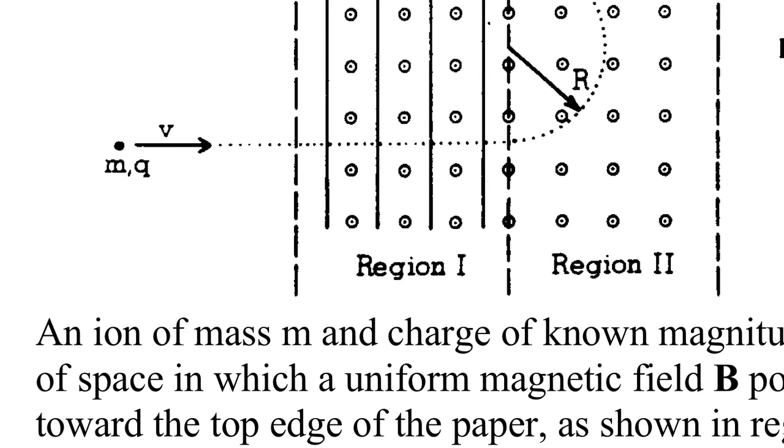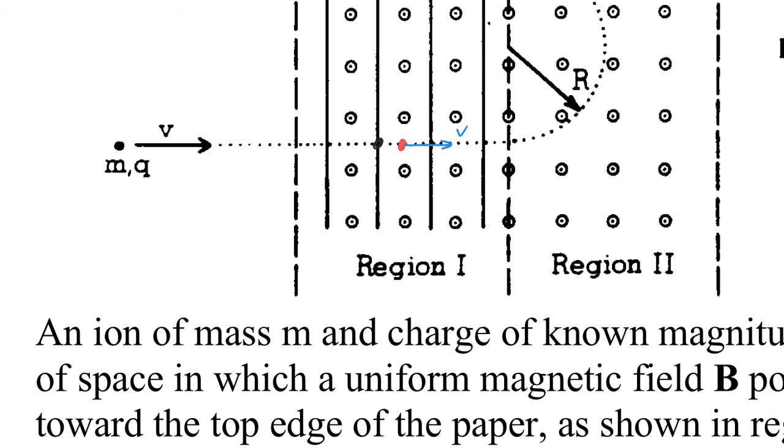if our particle has a slower velocity, well, then the force from the magnetic field will be less because v is smaller, right? So if we look at it in this region, say right here, the particle is at this moment right here, but its velocity was less than before. So this is a slower velocity.